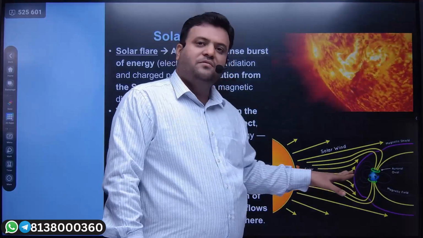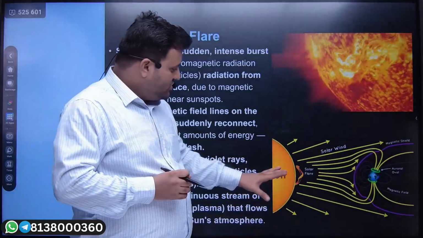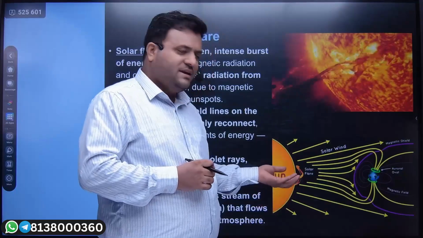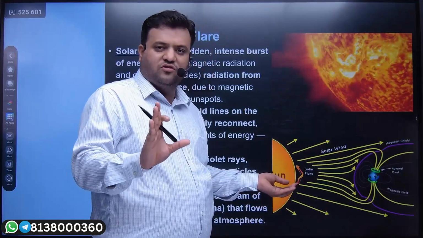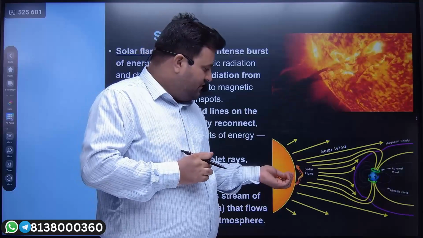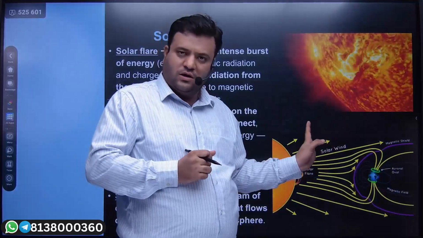And I hope you remember, with respect to the ionosphere, we have charged particles there. So this solar flare, and yes, we have continuous solar winds as well. I hope there is clarity. I hope you can distinguish between solar winds and solar flare. The solar flare is a rare event. However, solar wind is a frequent event.